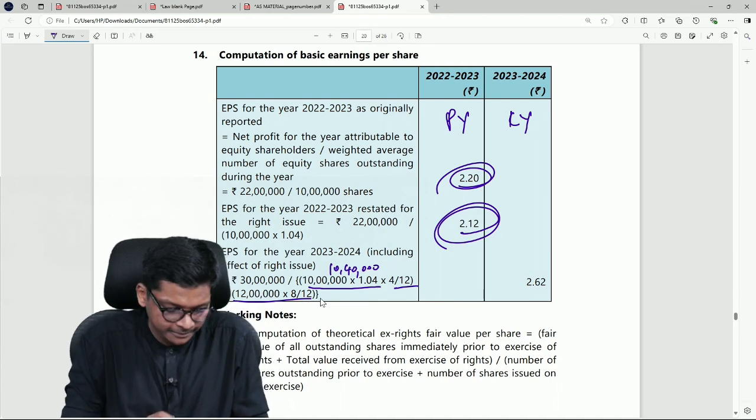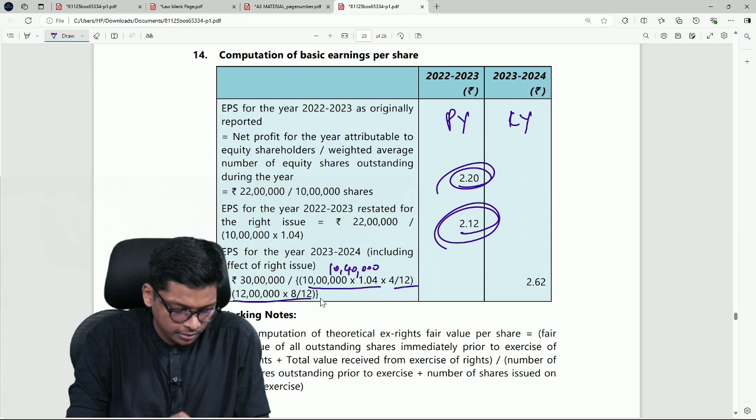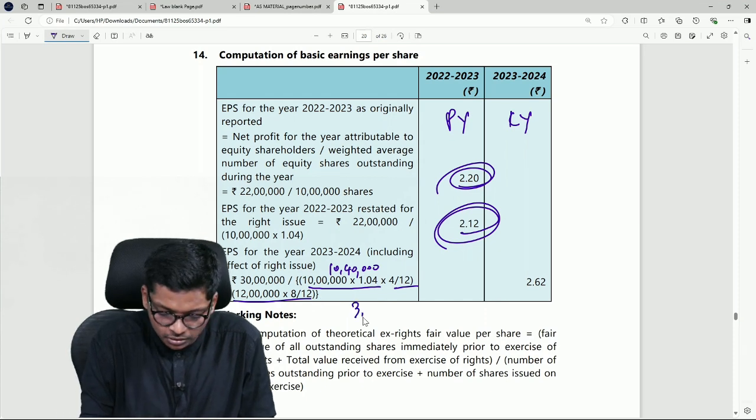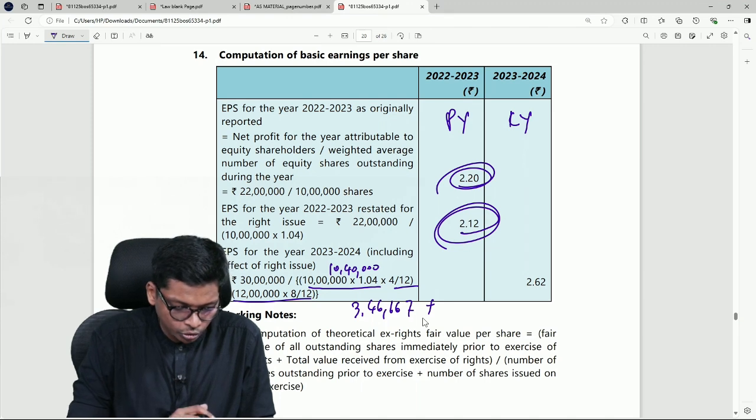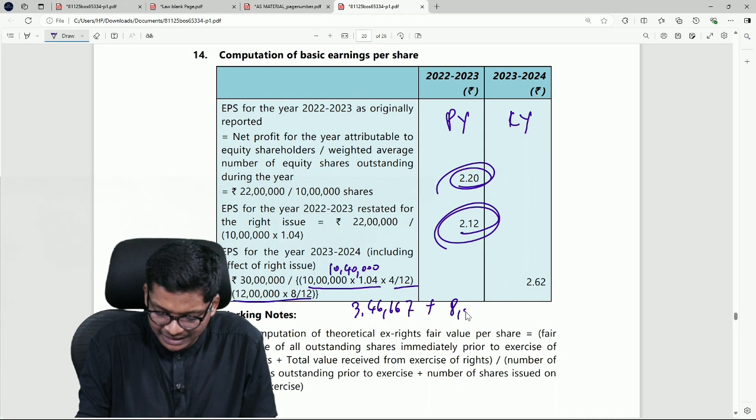How much will that be? 10 lakh 40,000 into 4 divided by 12. You will get 3 lakh 46,667 plus 12 lakhs into 8 divided by 12. You will get 8 lakhs.